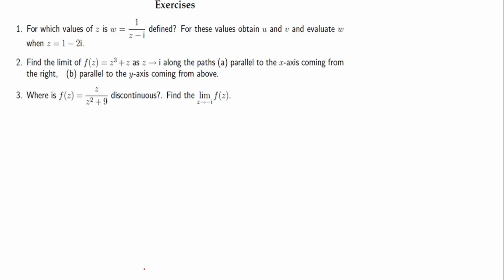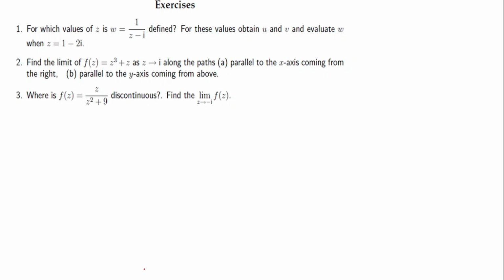For which value of z is w equal to 1 over z minus 1 defined? We just did something like this before, right? It's straightforward.